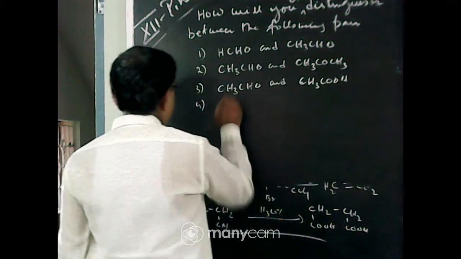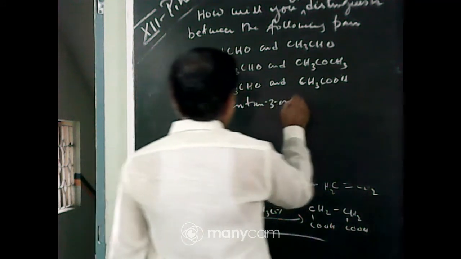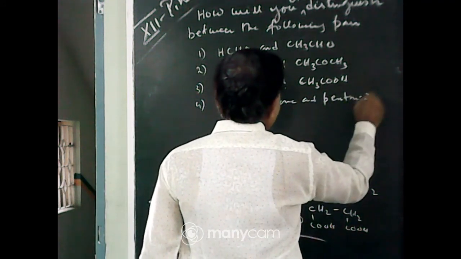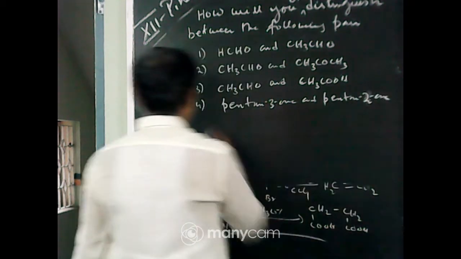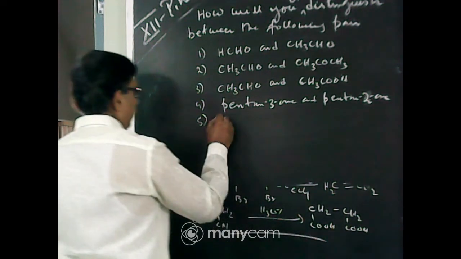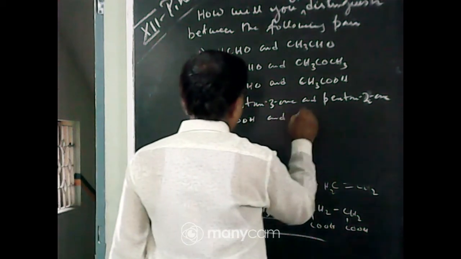Number 4, pentan 3-one and pentan 2-one. Number 5, formic acid and acetic acid.